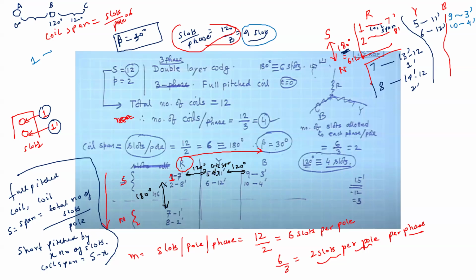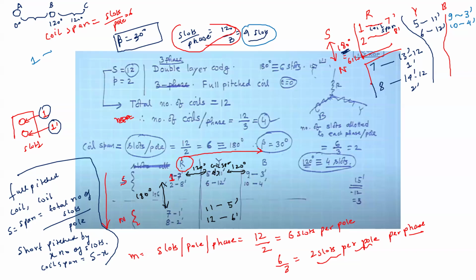From 5, 180 degrees means 6 slots, so 6 plus 5 is 11. Now from 11 to 6 is how much? 11 plus 6 is 17, but 17 minus 12 is 5 dash. Then here 6 plus 6 is 12, which is the last slot, and 12 plus 6 is 18, and 18 minus 12 is 6 dash. Similarly here also I'll write this down.